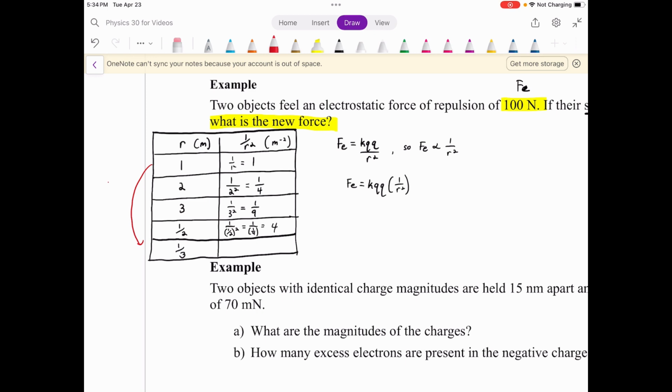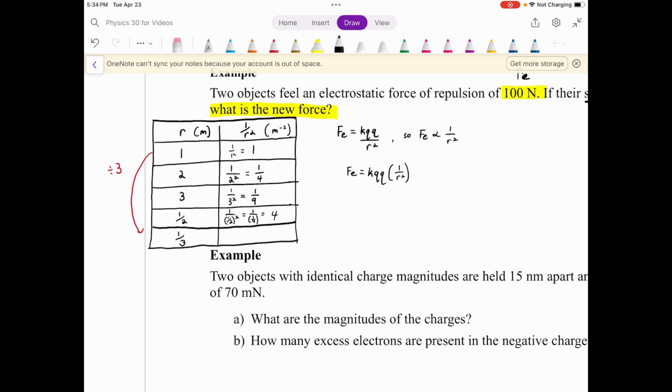So, dividing our distance by 3, moving them so they're 1/3 of a meter apart instead of 1 meter apart, 1 over r squared is going to be 1 over (1/3) squared. 1/3 squared is 1/9. And 1 divided by 1/9 is the same as 1 times 9 over 1, or 9. So look at this.